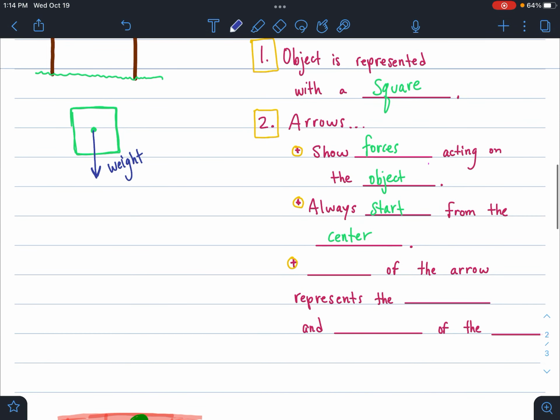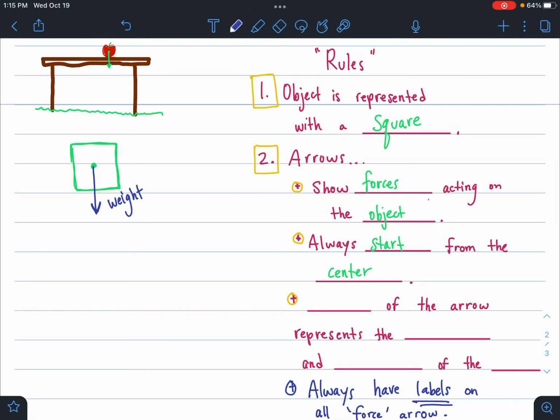Maybe we should add that here as one of the rules. Always have labels on all force arrows. So every time you draw an arrow to show the force, you must label it. All right, so arrows show forces acting on the object. They always start from the center.